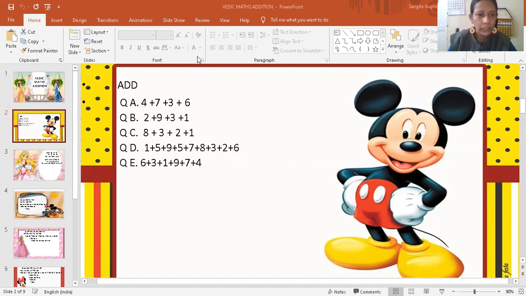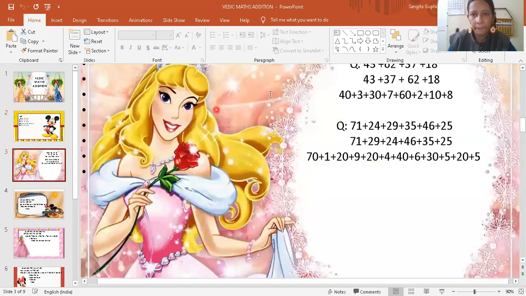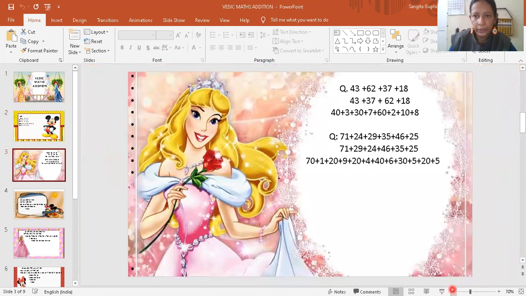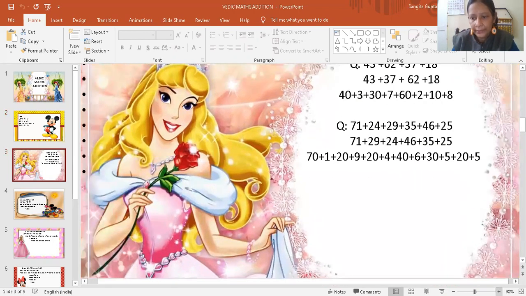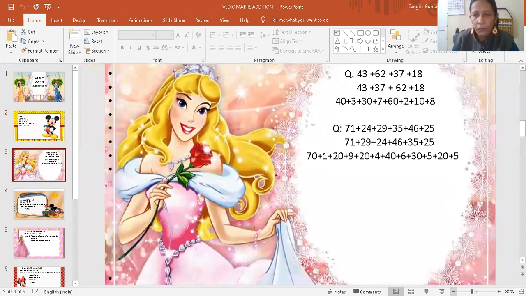Now I'm going to take another question worksheet here. Just a minute, let me take it out. Now look at this question: 43 plus 62 plus 37 plus 18.